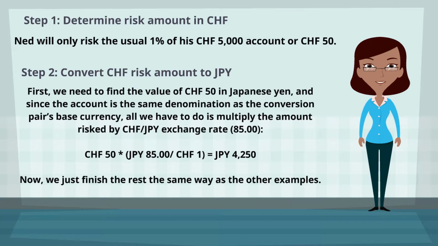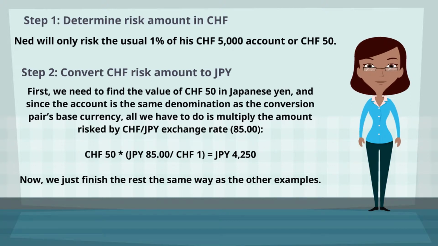Step 2. Convert CHF risk amount to JPY. First, we need to find the value of 50 Swiss francs in Japanese yen, and since the account is the same denomination as the conversion pair's base currency, all we have to do is multiply the amount risked by the Swiss franc to Japanese yen exchange rate, 85.00. 50 Swiss francs multiply by 85 Japanese yen per 1 Swiss franc equals 4,250 Japanese yen.